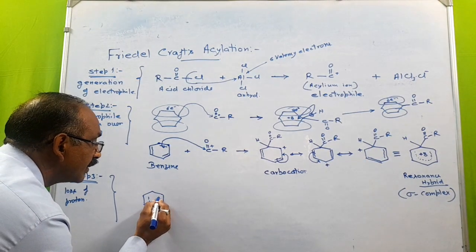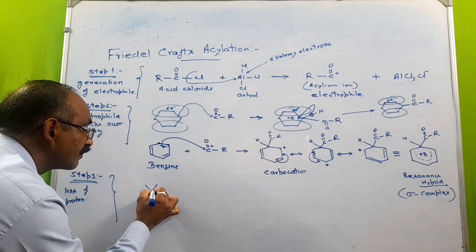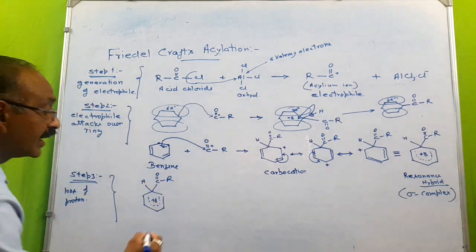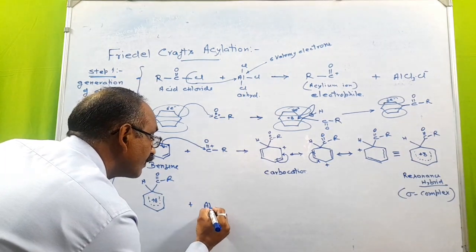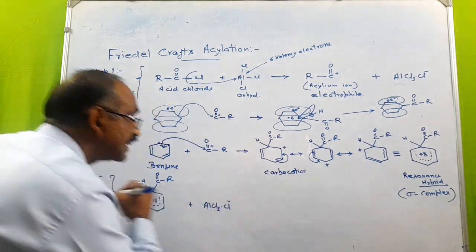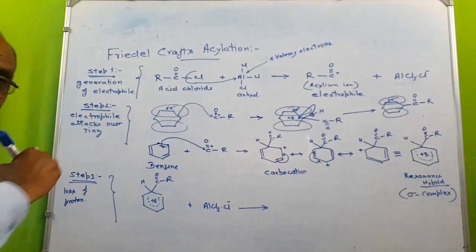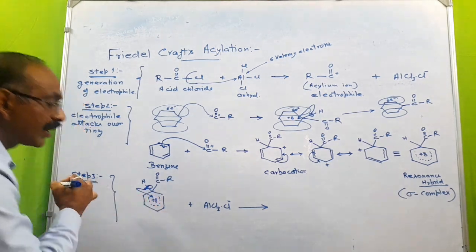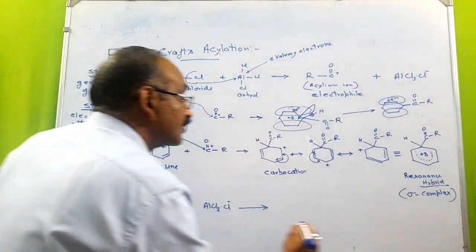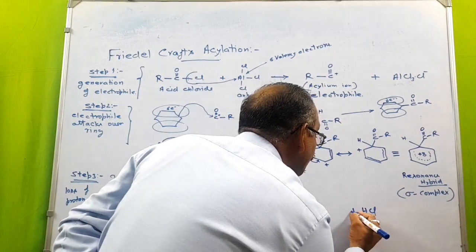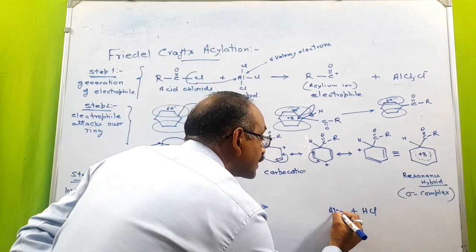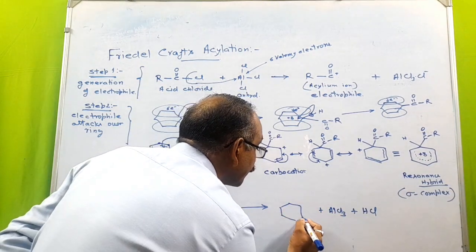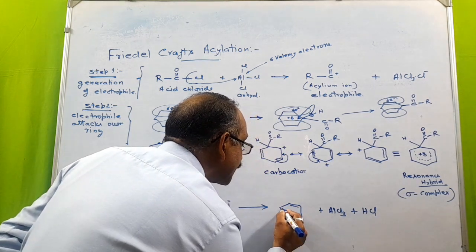Now what happens here? Here there was a resonance hybrid, and now this AlCl4 minus, or AlCl3.Cl minus, abstracts this hydrogen as a proton, and this proton combines to the Cl minus forming HCl, and this anhydrous AlCl3 will set free, and now the deficiency of the ring will be compensated.